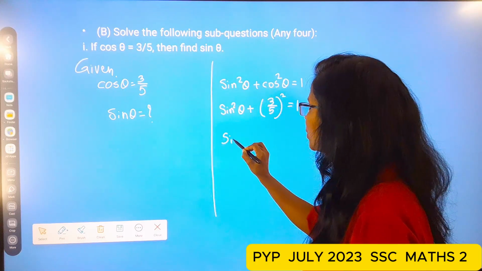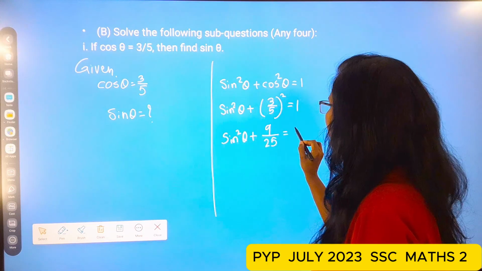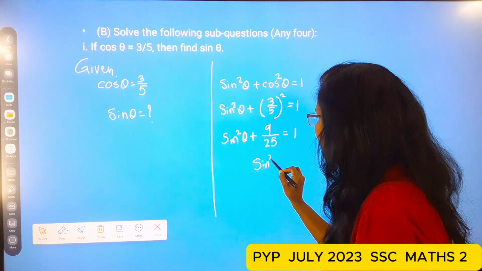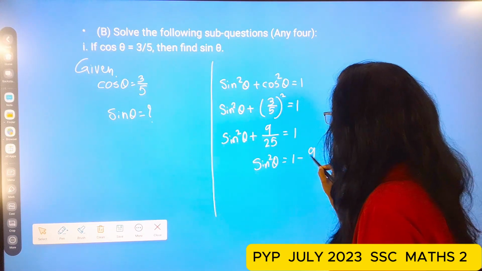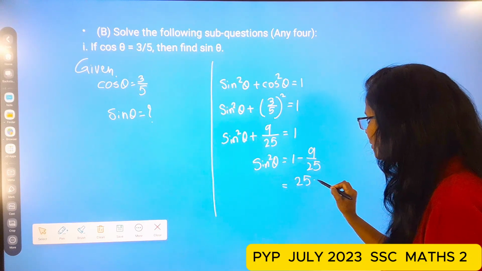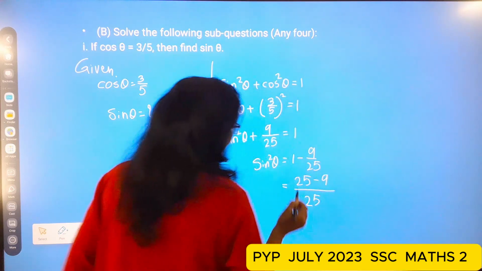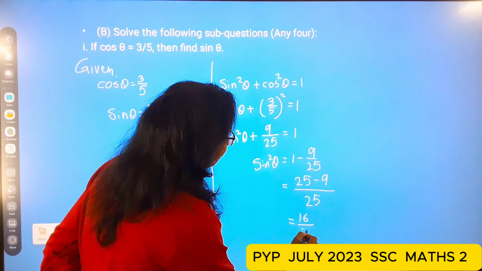So that means sin square theta plus 9 upon 25 is equal to 1. So sin square theta is equal to 1 minus 9 upon 25, that means 25 minus 9 upon 25, which is equal to 16 upon 25.